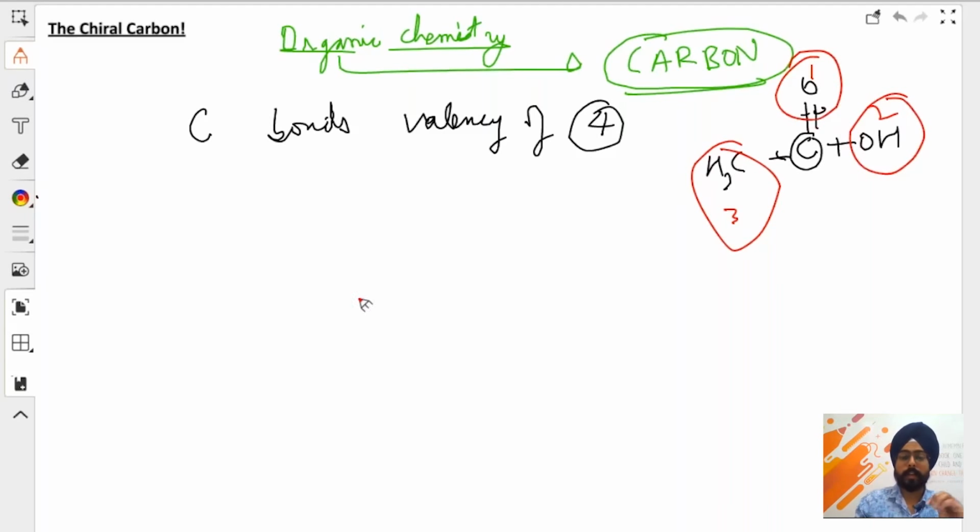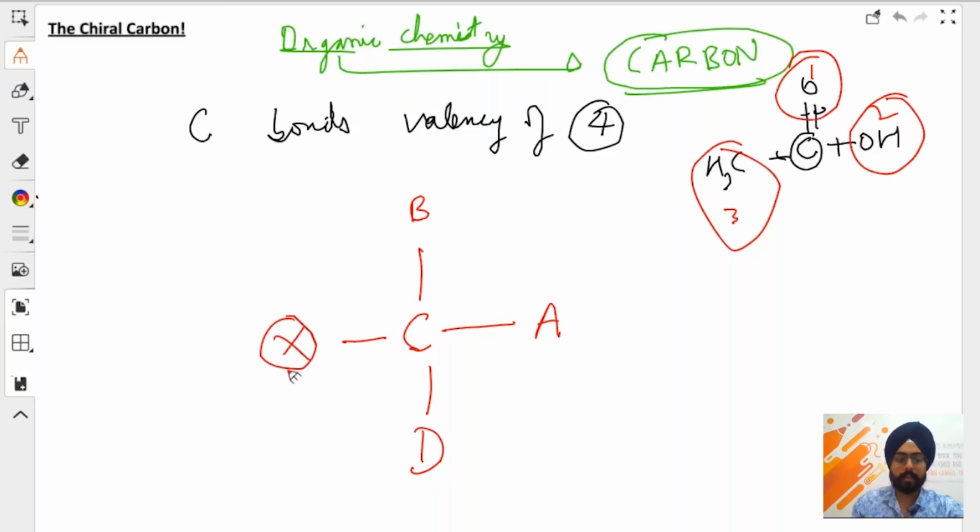Generally, the bonds that carbon forms are of this variety: C with A, B, X and D. I am not writing C instead of X because we already have a carbon in between. A, B, X, D are random groups, random elements attached to carbon. Keep this in mind, carbon can form 4 bonds at once.